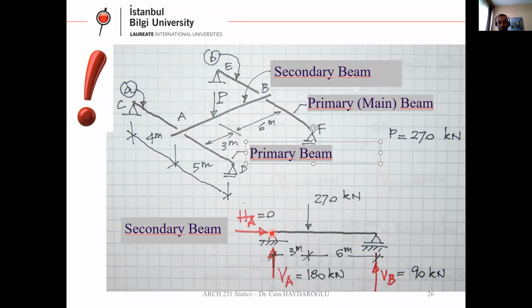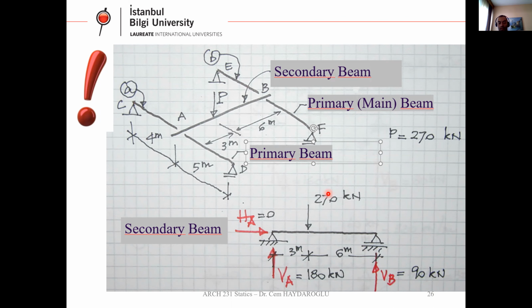I know here and here we have primary beams, but what I did, I converted this part to a simple beam to make the calculation. I assumed one side is a pin support and the right-hand side is a roller support. That means I have two support reactions at the left-hand side, one at the right-hand side.